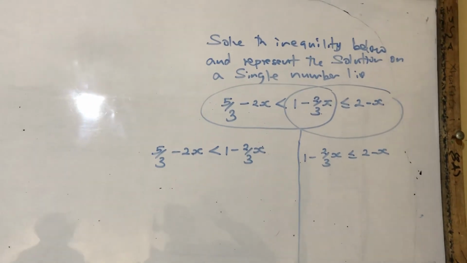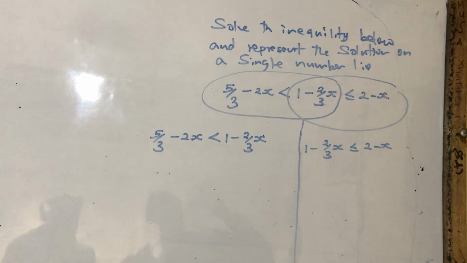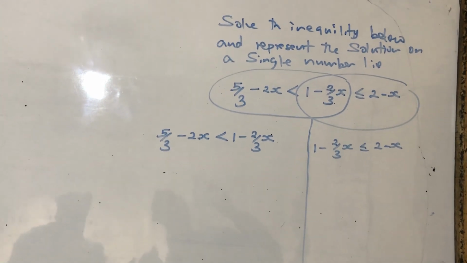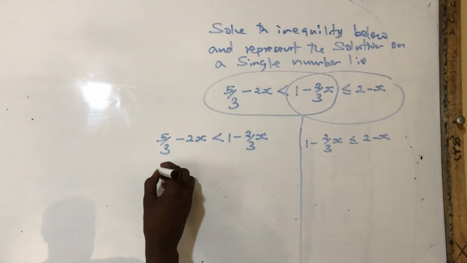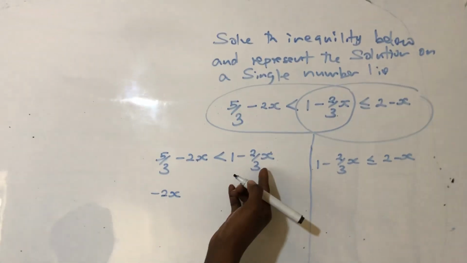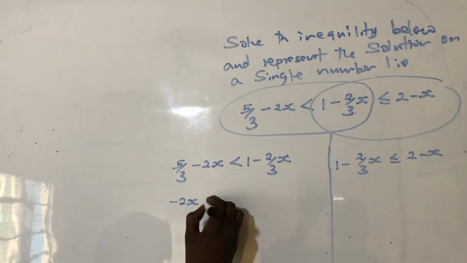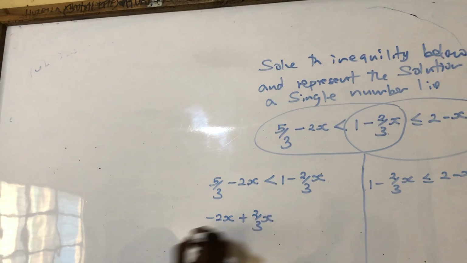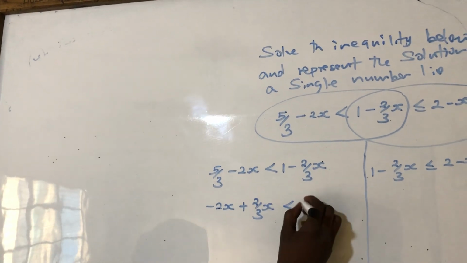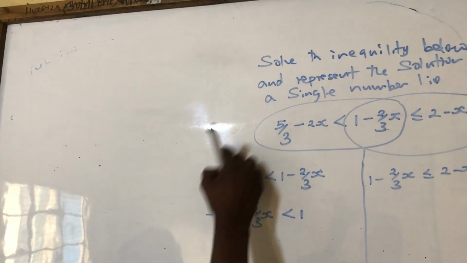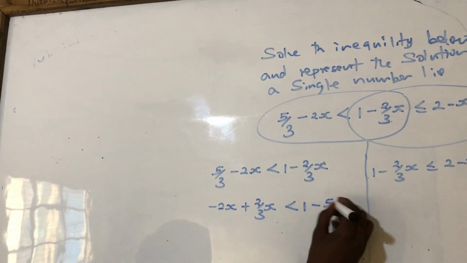What do we do next? We will then collect the like terms. What do we have? Negative 2x. Bring the 2 over 3x over to become positive 2 over 3 of x. It's less than 1. Carry the 5 over 3 to the other side to become 5 all over 3.